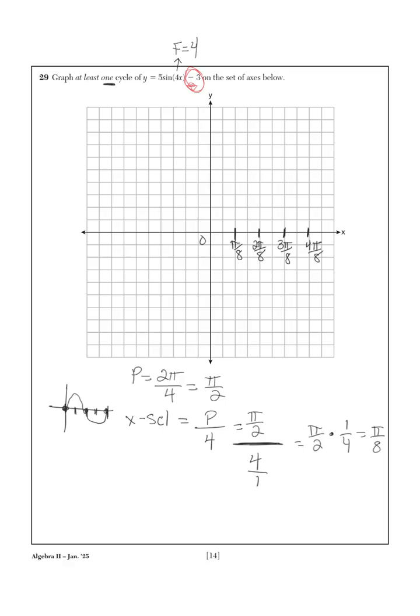So 1, 2, 3, I like to draw, remember when you shift down, that's your midline. So I like to dot that right at that -3. So this is y equals -3. All right. So now all we have to do is plot the points.